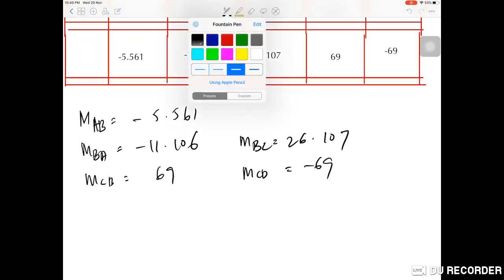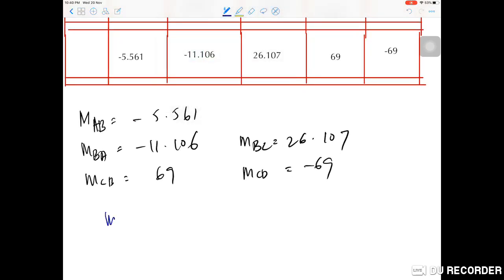So we can check MB is equal to MBA plus MBC.